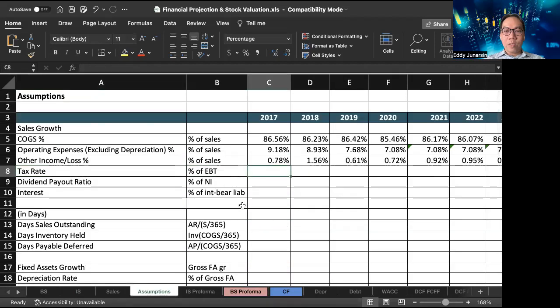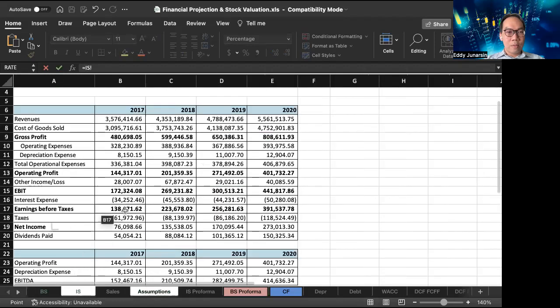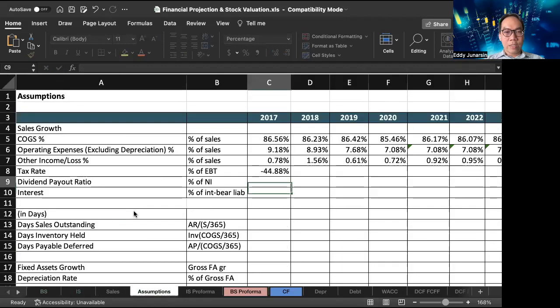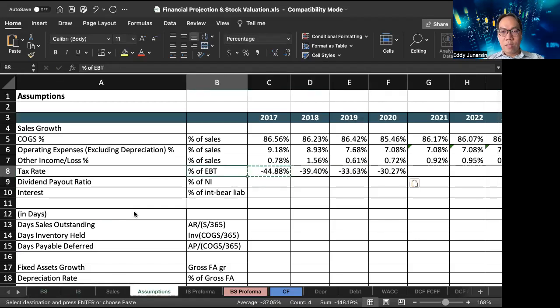So we follow the tax rate of the historical. Let's check for a while. The tax rate, we pay tax out of the earnings before tax. So let's look at the ratio between tax and earnings before tax. Look at the pattern here, it is descending.